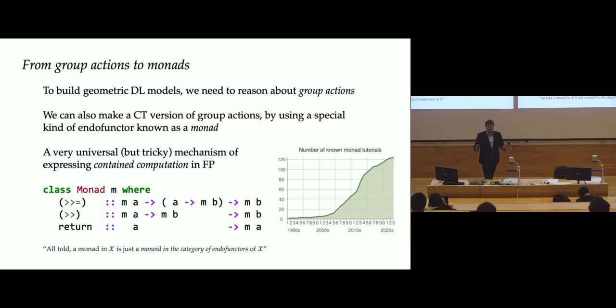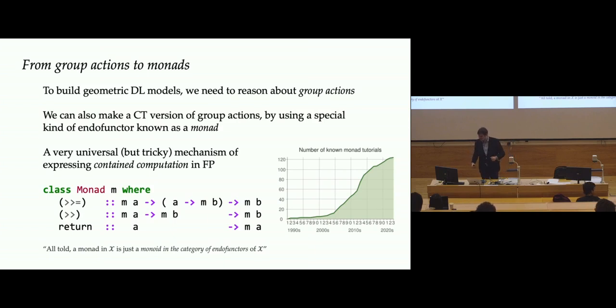I hope a fair amount of you have already heard what a monad is. You might not know exactly what it is, but I hope you've heard about the concept. It's a very universal but somewhat tricky mechanism for expressing contained computation in functional programming. For those of you who have done some Haskell, you might recall definitions like these. For those of you who have trolled mathematics Stack Exchange websites, you might have seen: a monad is just a monad in the category of endofunctors.